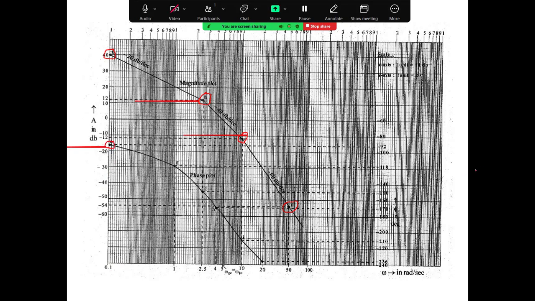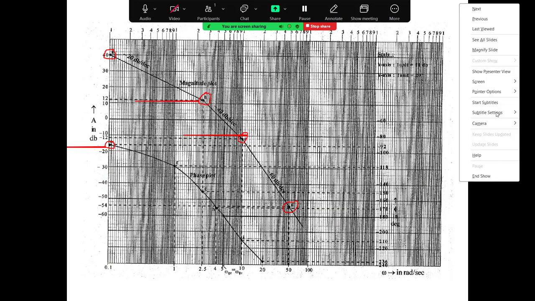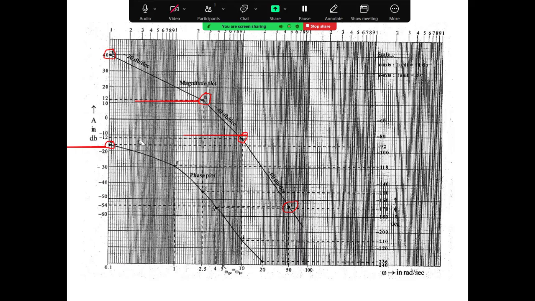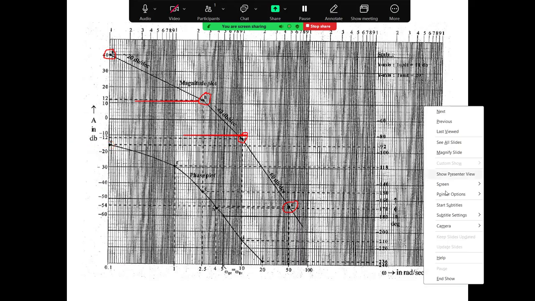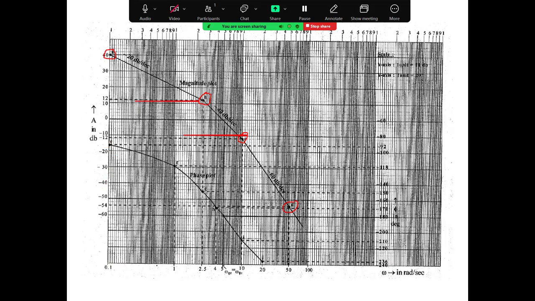Okay, I will represent with another color so it is easy to identify. So for that phase plot, just refer to the values. At 0.1 frequency, you will get minus 92 degrees.